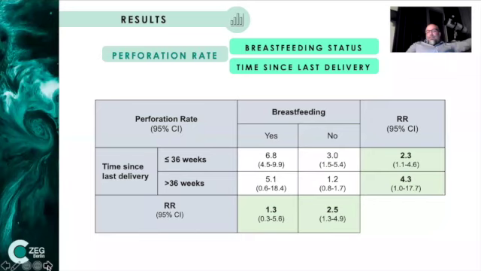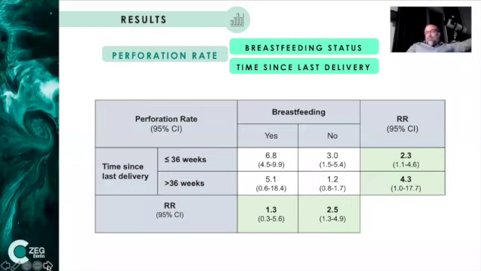This might explain perhaps this delayed drop in risk somehow, but we stratified here time since last delivery and breastfeeding, yes and no. And as you can see, even in the substrata time since last delivery, 36 weeks and less, and more than 36 weeks, we see an independent risk of breastfeeding.